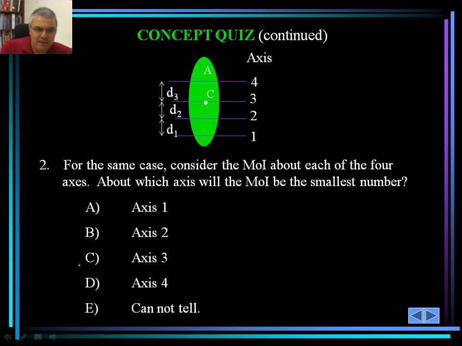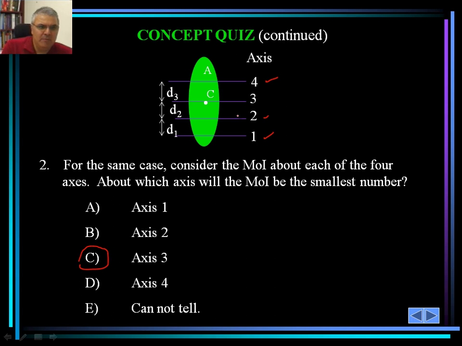Right off the bat, I'd say C. And the reason for that is, if we want to determine the moment of inertia of A with respect to any other axis that does not go through the centroid, then we need to use the parallel axis theorem with all these parallel axes given here, okay?